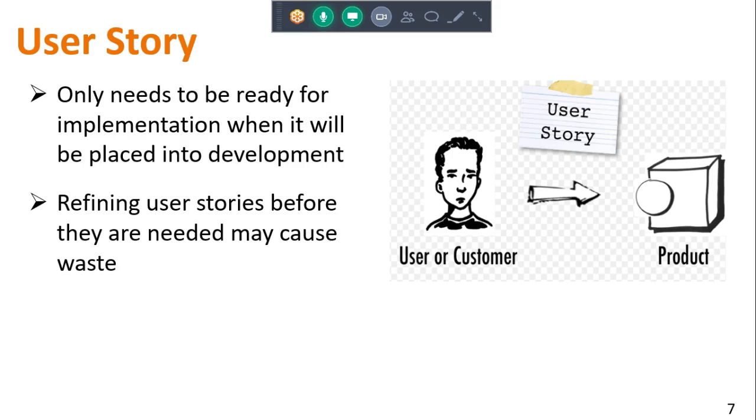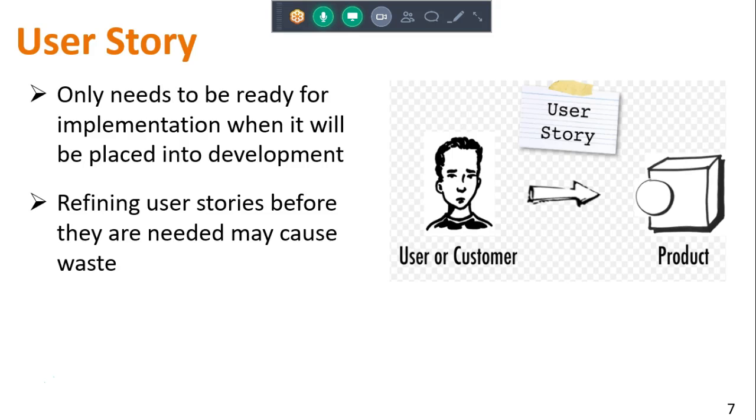And the problem with a lot of this is if you try to be more predictive, and try and get that detail in play, you wind up potentially expending a lot more effort once you choose to work on a particular user story.